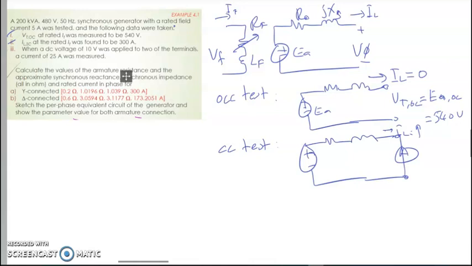In the short circuit scenario, I load SC is equal to 300 ampere.